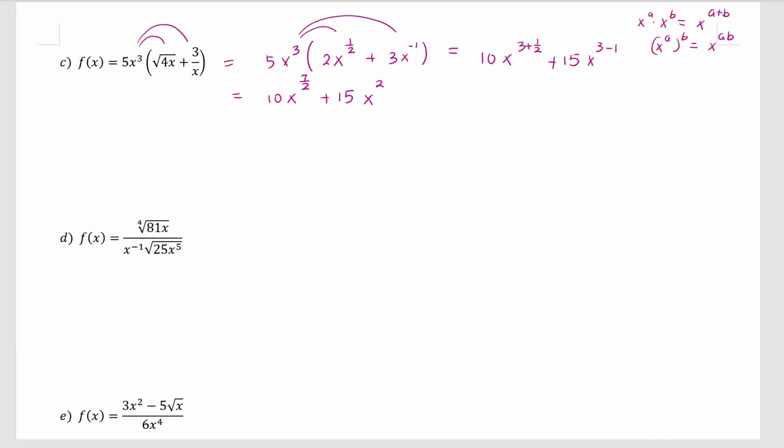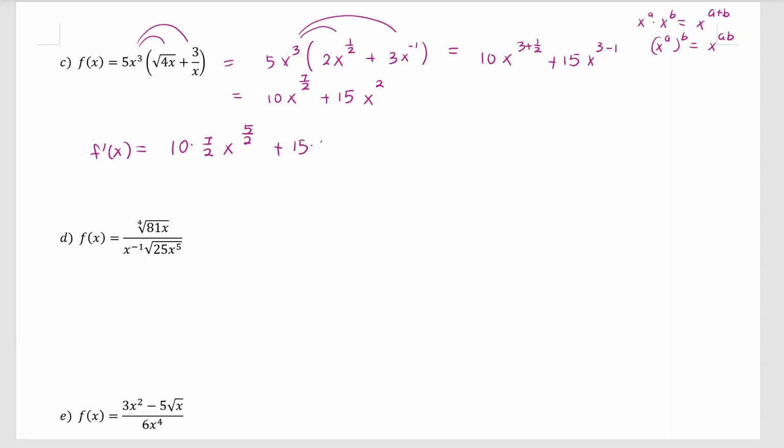Okay, next, let's continue. So we have simplified and we're ready to differentiate, right? We have the standard form, now we can differentiate. The first term, 10, and then we have x to the 7/2, so 7/2, put it in front. X to the 7/2 minus 1 is 5/2, okay?